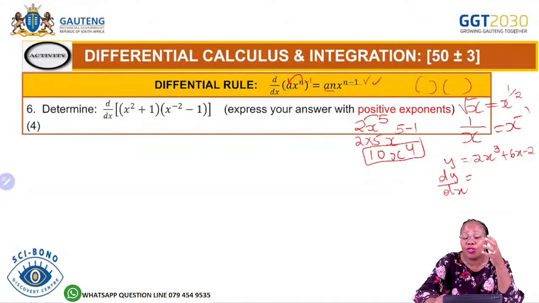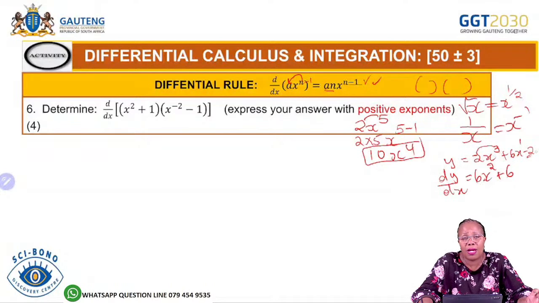If it is y, it will be dy/dx. And then you can start now. 2 times 3, 6, and then from the exponent, 3 minus 1, that will be 2. If it is to the power 1, it is only the coefficient of x. And if it's a constant value, it will be 0. So we don't write that 0. We know the derivative of minus 2 will be 0.